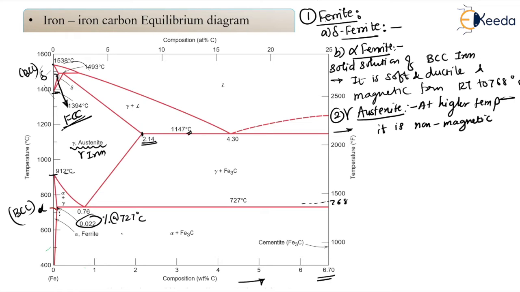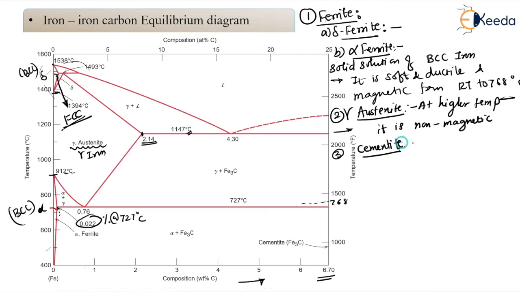You just keep in mind from where to where the transformation occurs for that particular phase. What is the maximum percentage of solubility of carbon in that phase, and at what temperature? So let us go for seeing this third phase, that is, dear students, we are having this right boundary of this diagram, that is the cementite, dear student. Cementite.